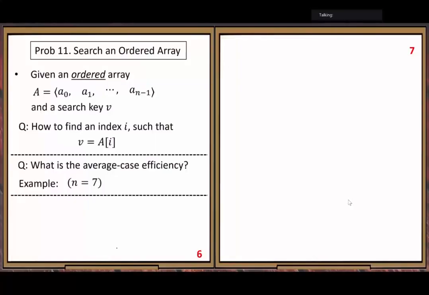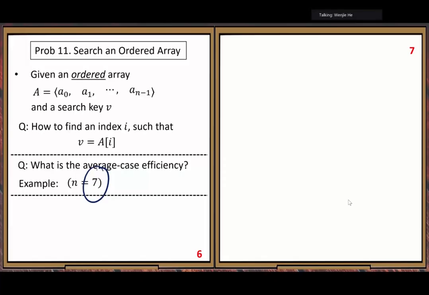All right. So when we do it, I like to use a simple example to get an idea. N equals 7. Because it's good enough for us to understand the details of the computation process.